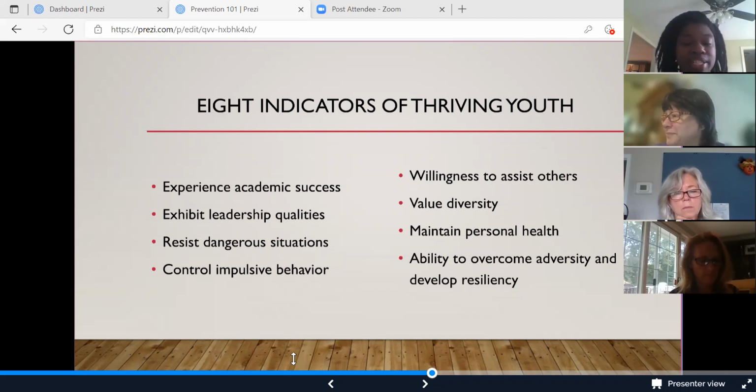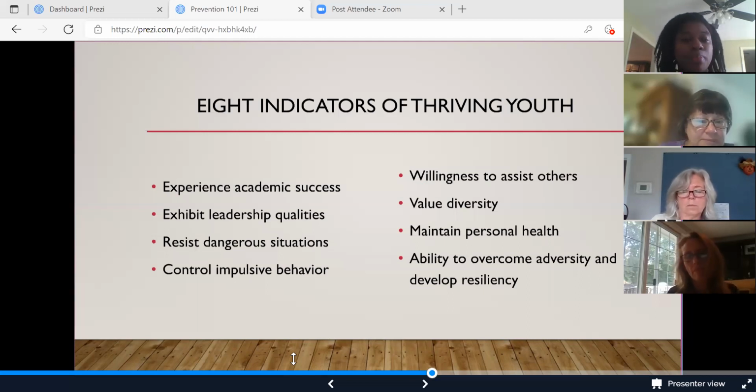their developmental assets. So we have the 8 indicators, and they are being able to experience academic success, having leadership qualities, resisting dangerous situations and knowing how to get themselves out of situations that might be dangerous for themselves, control of impulsive behavior, and a willingness to be an assistant to other people.